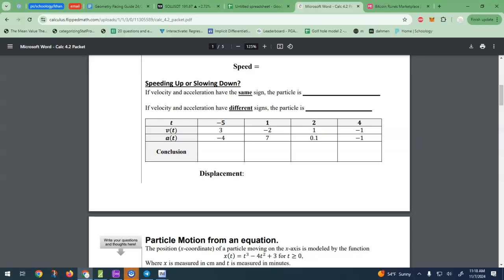And then this is also speeding up, but in the other direction. You're going in the negative direction, and you're accelerating negative. So I'm going this way and I'm going faster and faster now. So this is moving backwards, faster.